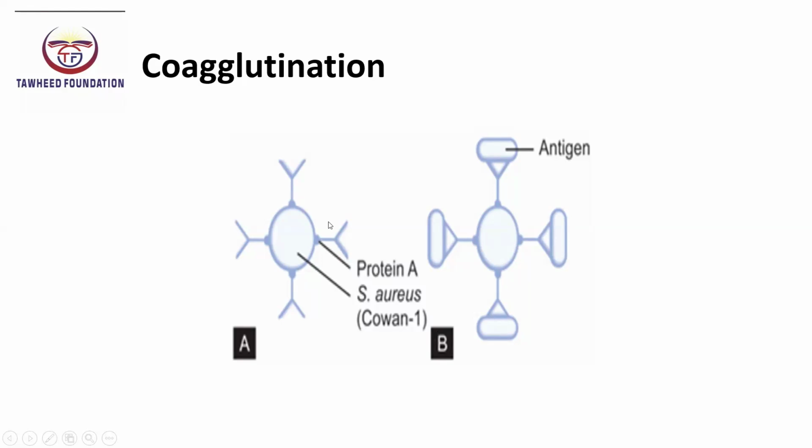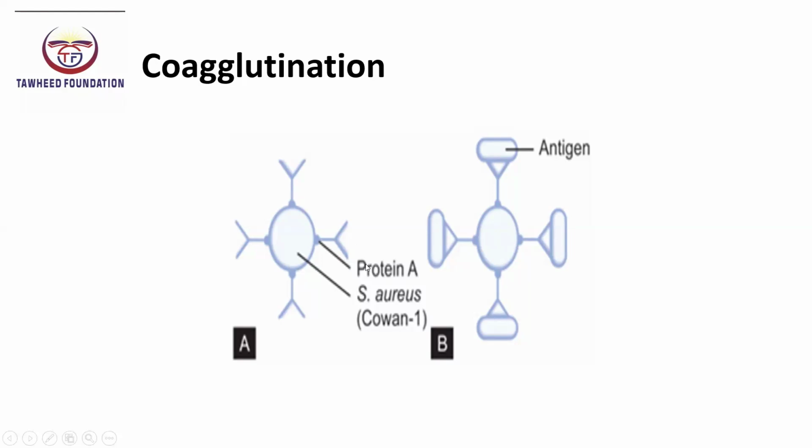Again, this image is divided into two parts, A and B. In part A, the S. aureus cells are coated with specific antibodies. Protein A on the bacterial surface binds the Fc portion of the antibody, orienting the antibodies in such a way that their antigen binding sites, that is Fab regions, point outwards.